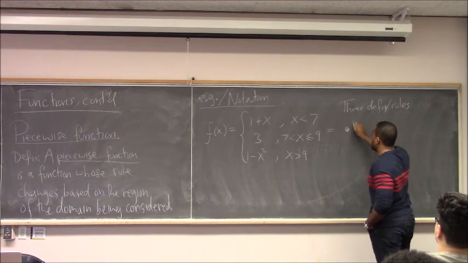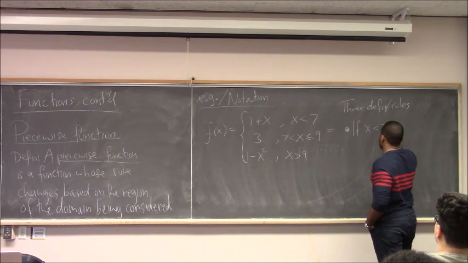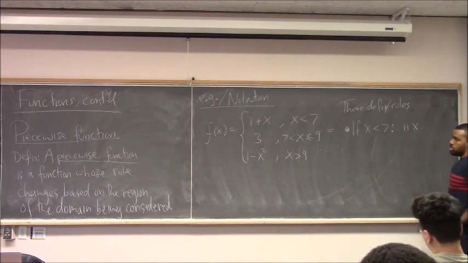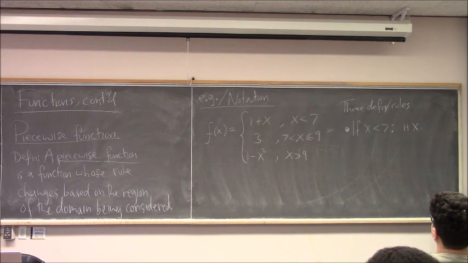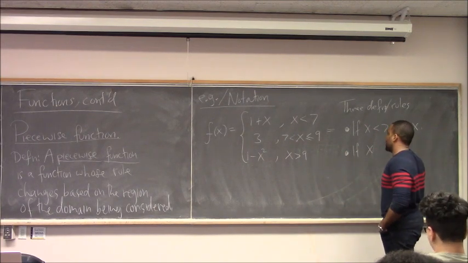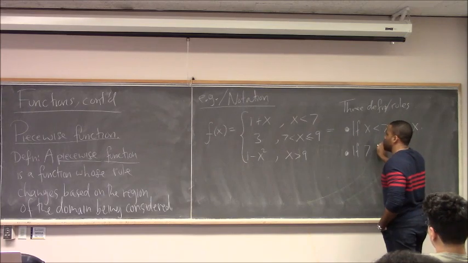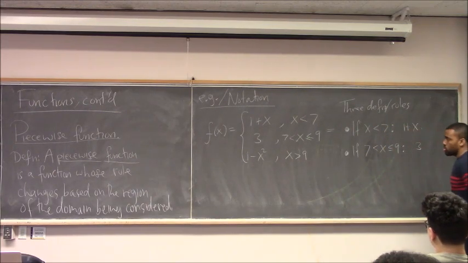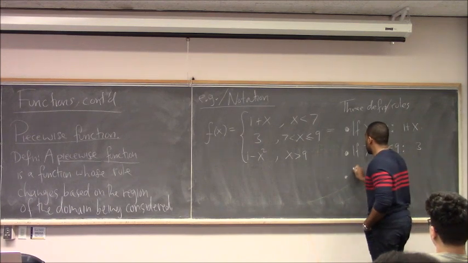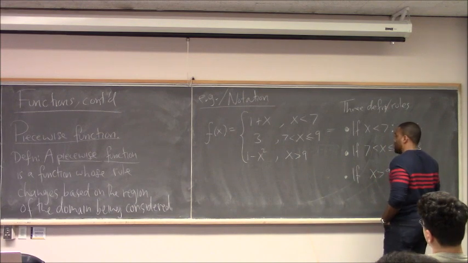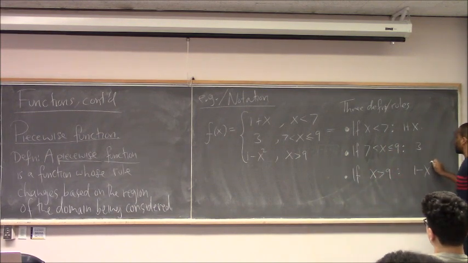One works if x is less than 7, then 1 plus x is the rule. Just take whatever value you give me and I'll add 1 to it. The second part is if x is between 7 and 9, then 3 is the rule. So that's a constant function. And if x is larger than 9, then 1 minus x squared is the rule.